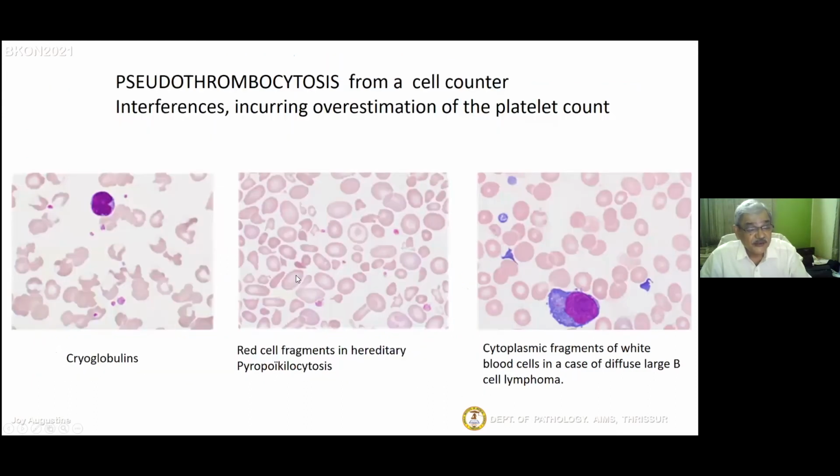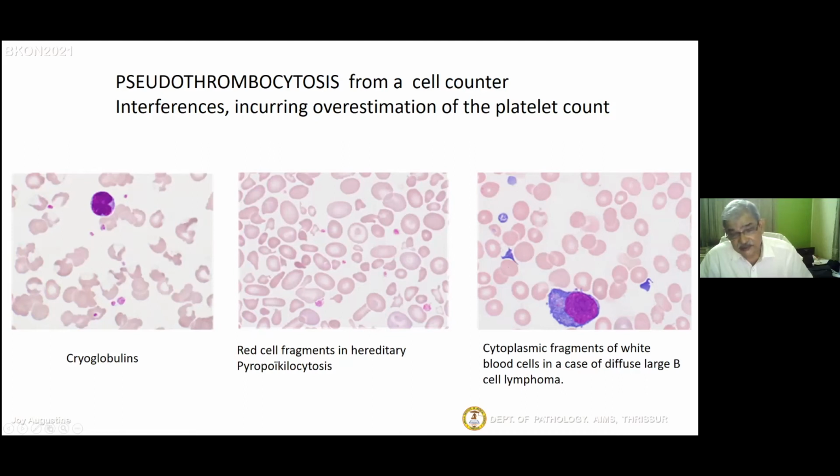Now, these are the fragmented red cells which are seen in hereditary pyropoikilocytosis. These are the fragmented cells in hemolytic anemia, cryoglobulinemia. And these are the fragmented cells of the cytoplasm of the lymphoma cells. Now, this is quite common when there is a large cell lymphoma spilling over into the blood.